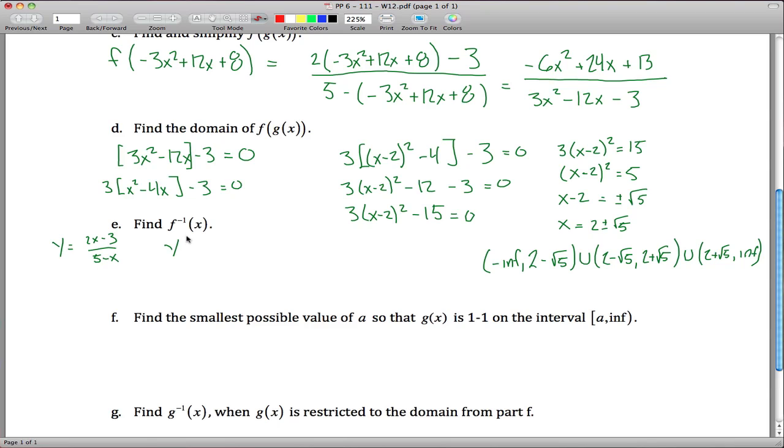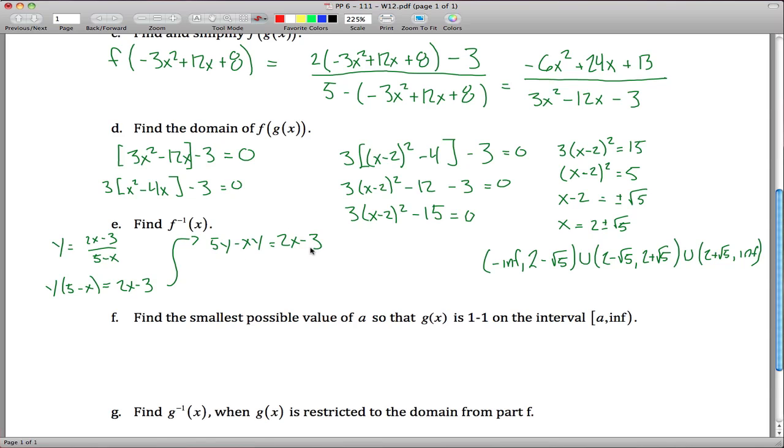Get y, maybe I'll do it below. I'm a little low on room here. Y times 5 minus x equals 2x minus 3. Distribute to get 5y minus xy equals 2x minus 3. I want to solve for x, so let's get all the x's on the same side of the equation.